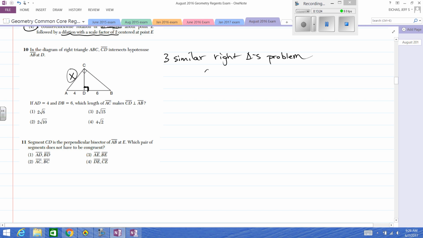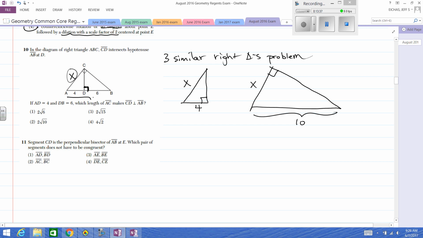You see this triangle here, the small triangle? It's got a small leg and a hypotenuse. Now the big triangle has a small leg and a hypotenuse. See, that's 10. And these are similar right triangles, okay? These angles are the same, so you can see that.